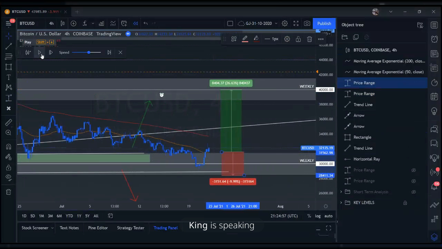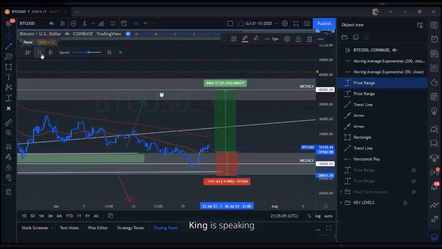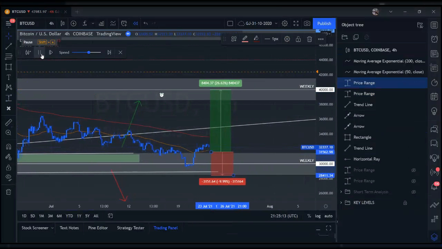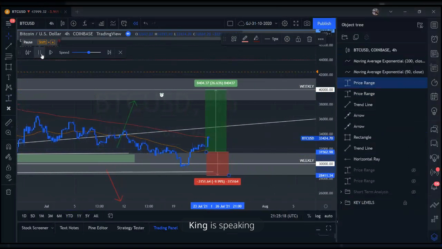So you start low, and then you build up. So now you've entered somewhere around here. The trade's kind of going against you, but you haven't seen anything yet.